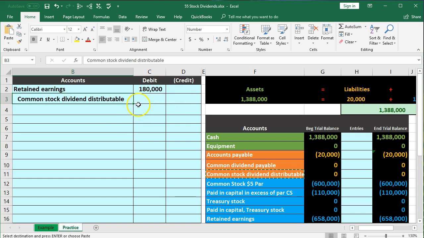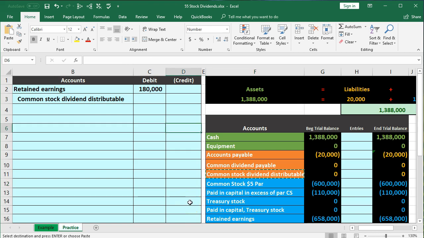Now, this is a little bit tricky because normally we see it's going to the common stock and then the excess is going to additional paid in capital. This is going to common stock dividend distributable because it will eventually go to the common stock, but it's not there yet, because we haven't distributed it yet. What we owe though is going to be the common stock at the par value, not the additional paid in capital.